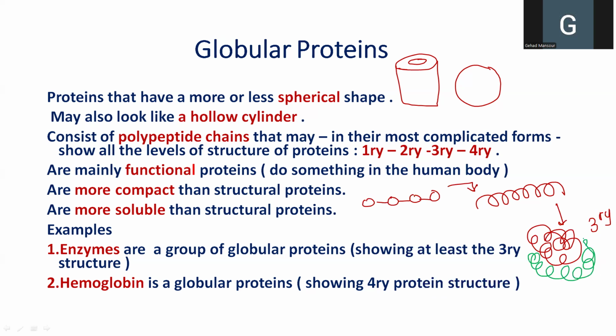Once you have two polypeptide chains, then this is no more tertiary, but it is a quaternary globular protein. So in their highest level of complexity, the globular proteins will be in the tertiary or the quaternary structure.